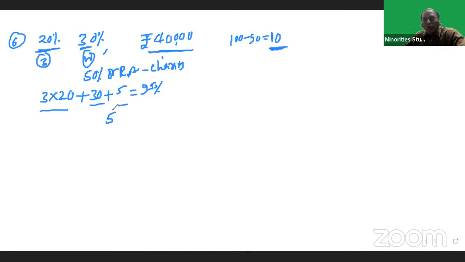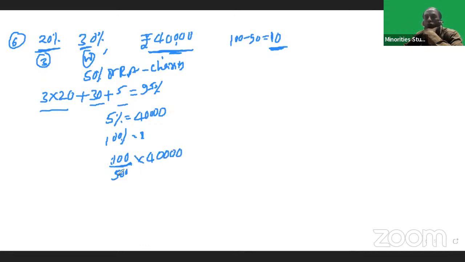The remaining is 100 minus 95, which is 5%. If 5% is equal to 40,000, what is the 100% value? Down value by up value into the right side value, 40,000.